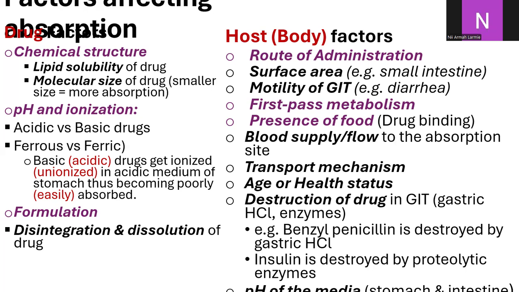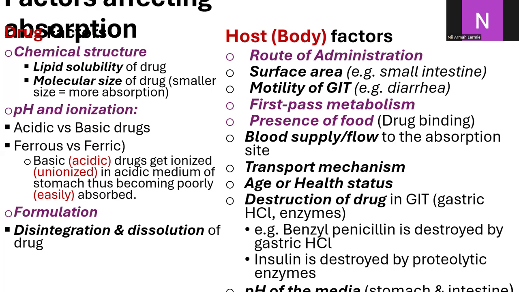And then some do not prefer meals or food in the GI tract. The penicillins do not prefer food, especially proteins in the GI tract. So you want to take those on an empty stomach, yet we will encourage you to take riboflavin with a meal. Why? Because the presence of food can affect absorption.